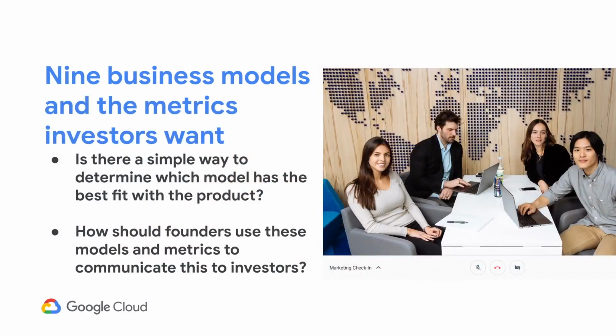Investors ultimately want to understand your business model and gain insight into the metrics that gauge whether the startup is going to be a $1 billion company. Ultimately, that's what they're optimizing for. How should founders use models and metrics to communicate to investors? It's pretty simple. In general, startups, by the YC definition, are companies that are designed to grow fast.